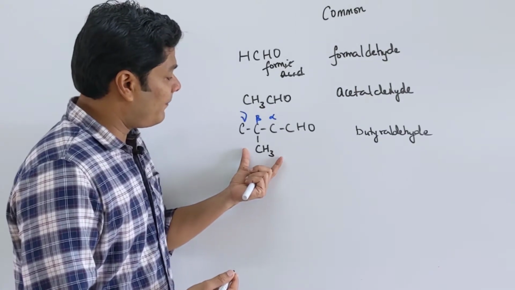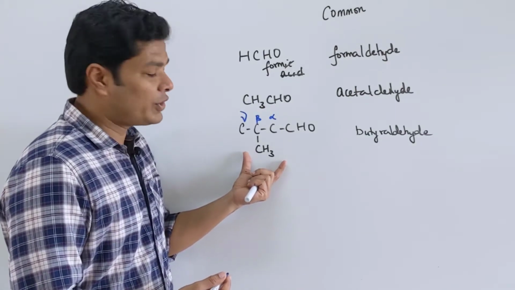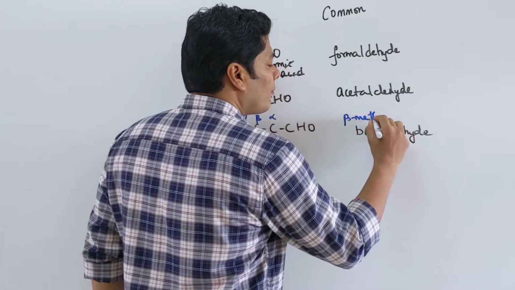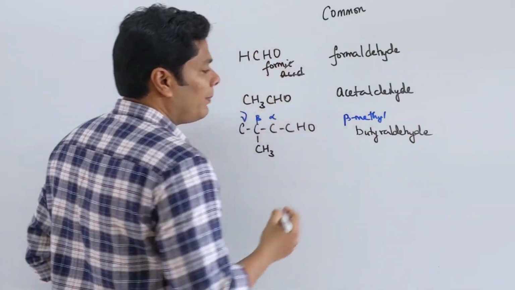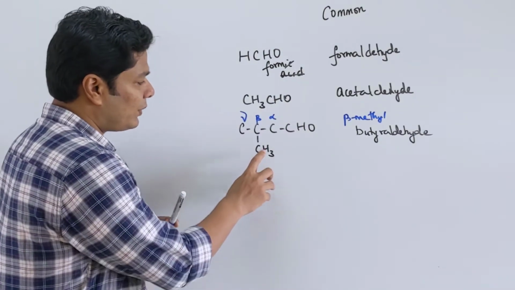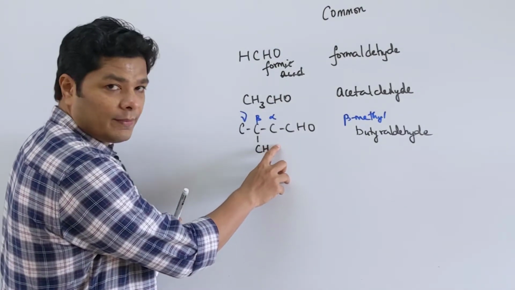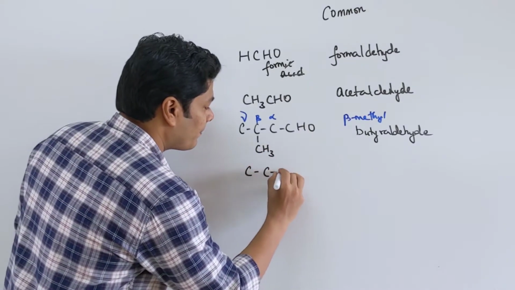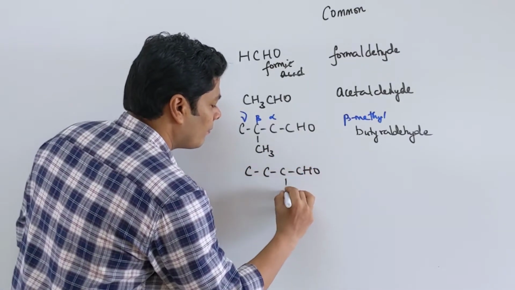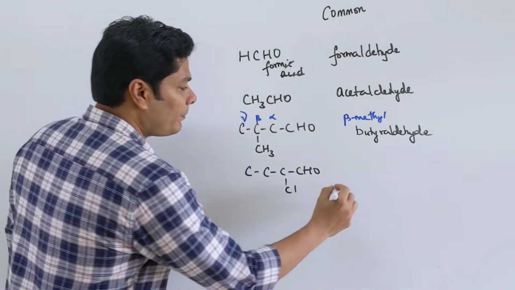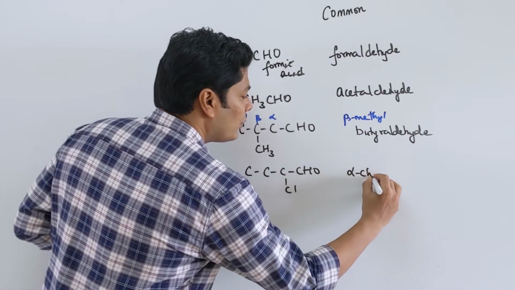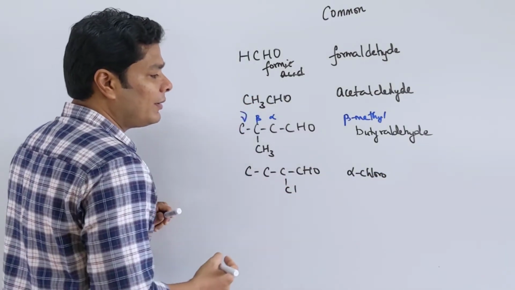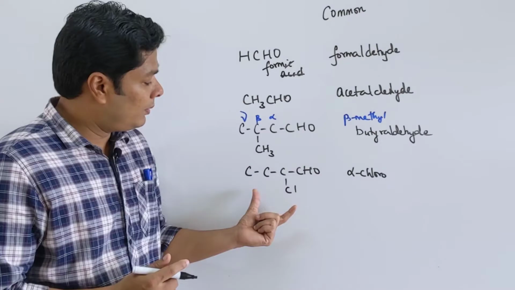So here I have a methyl group in the beta position, so this will be beta methyl butyraldehyde. Similarly, let's say for example we have a chlorine here, that would make it alpha chloro butyraldehyde. 1, 2, 3, 4, butanoic acid, butanaldehyde.